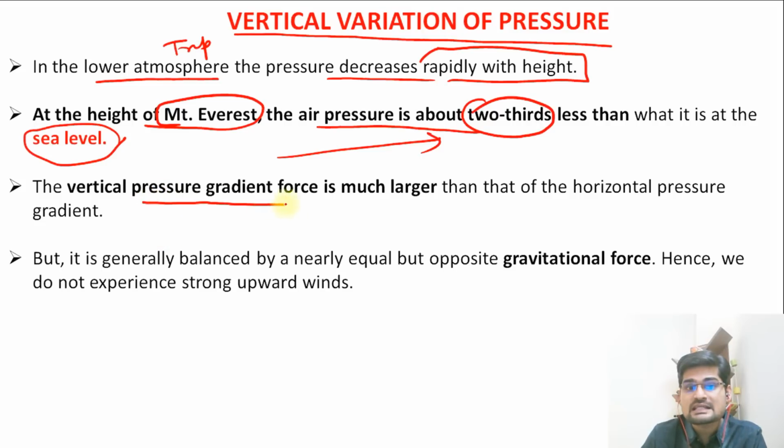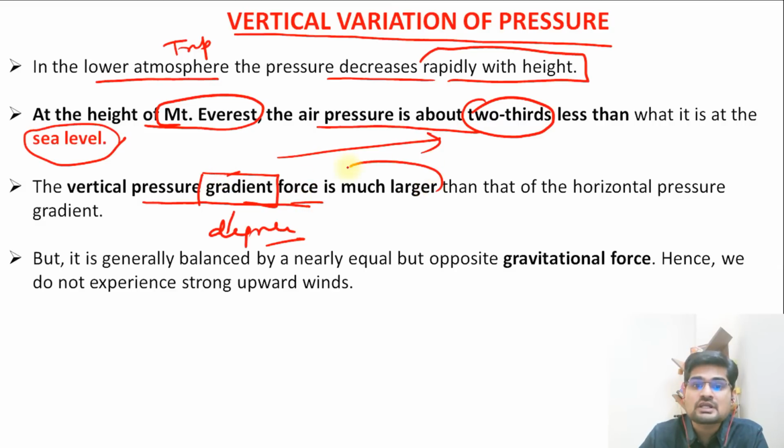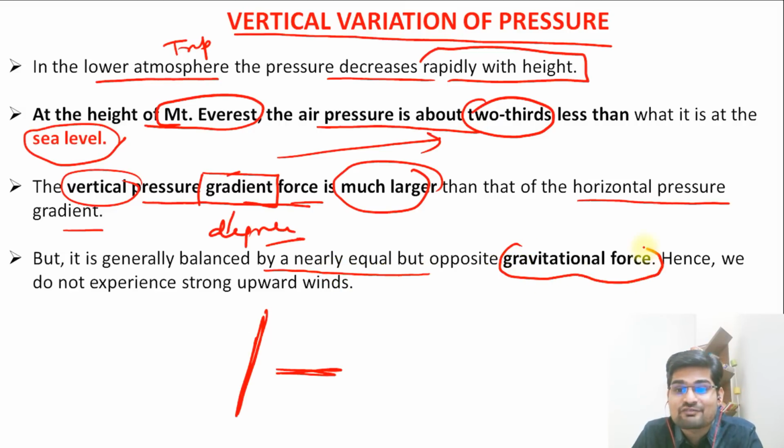So vertical pressure gradient, remember when the word gradient is used, it is the degree of pressure or degree of measurement. That's why it is called gradient. So the vertical pressure gradient force is much larger than the horizontal pressure gradient. That is a thing to remember here. It is generally balanced by a nearly equal but opposite gravitational force.